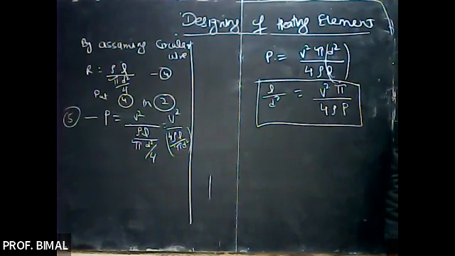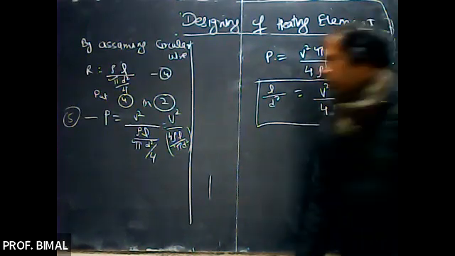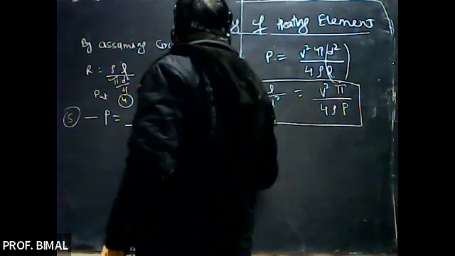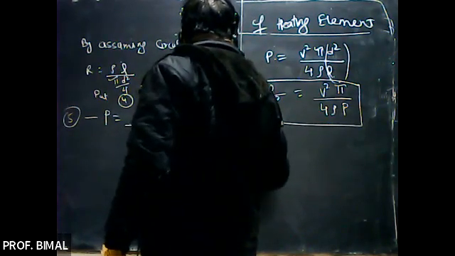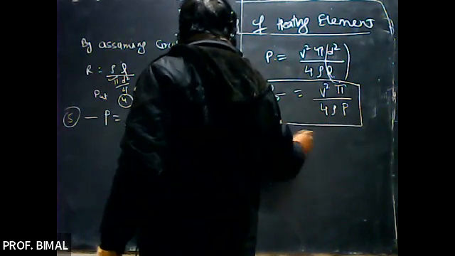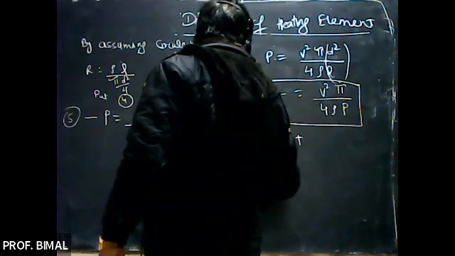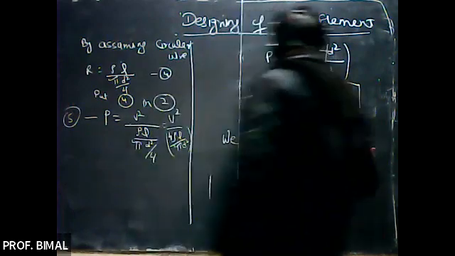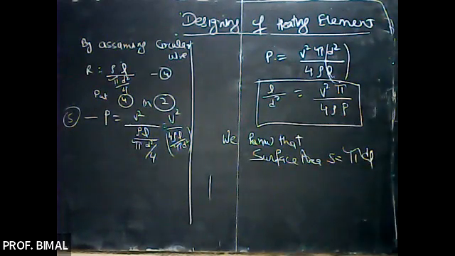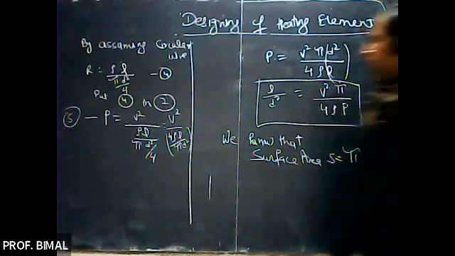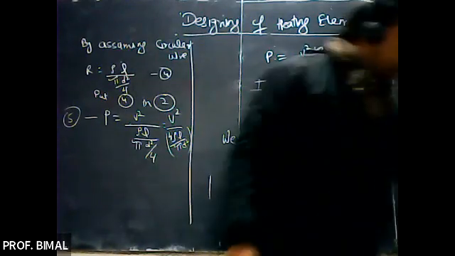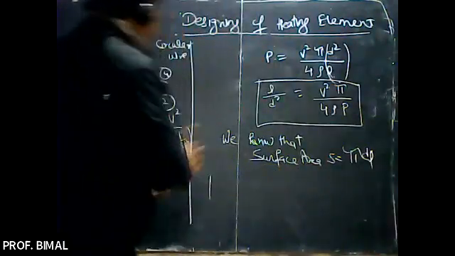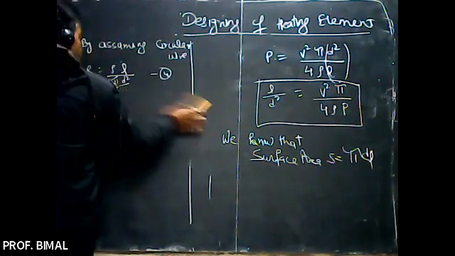So surface area, we know that surface area S is equal to pi dl. Surface area is equal to pi dl, right?